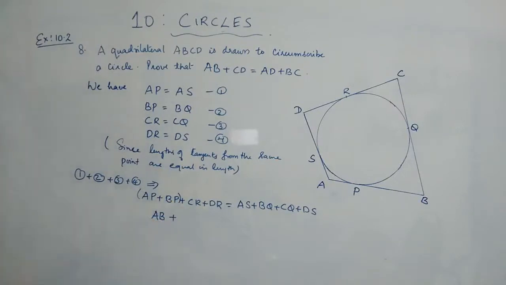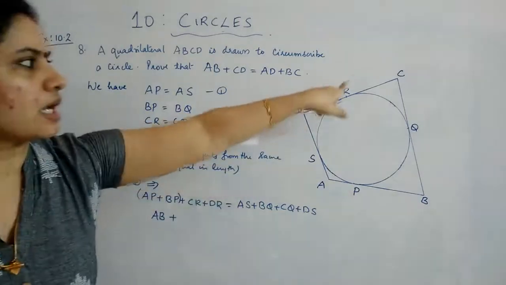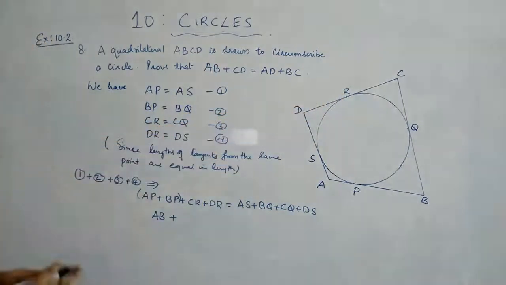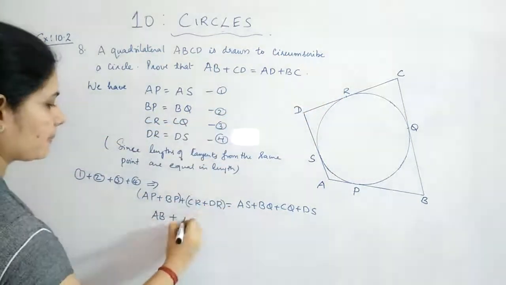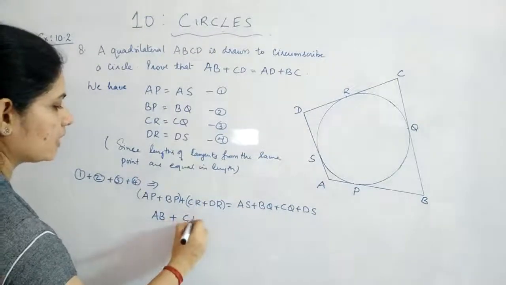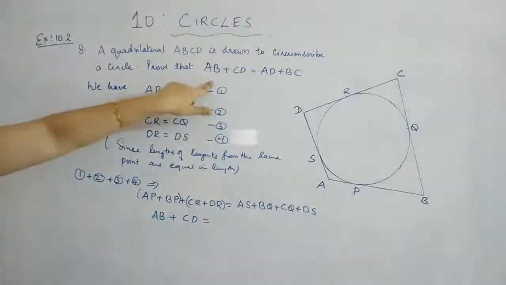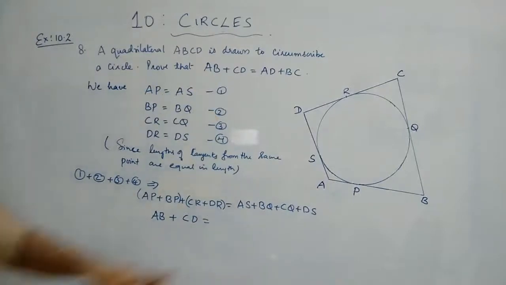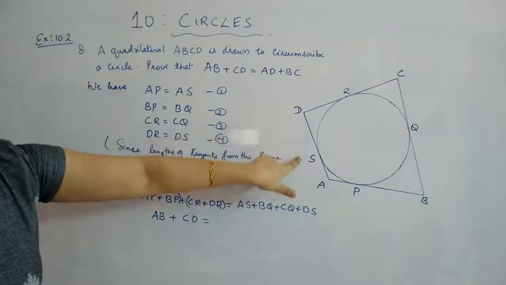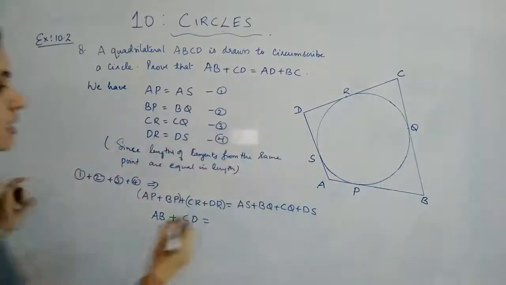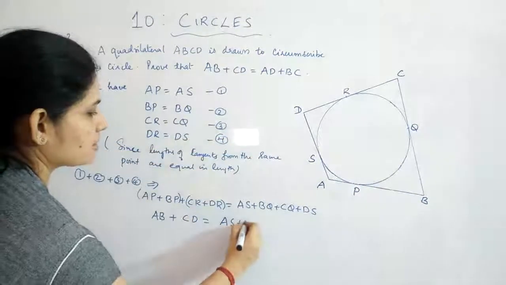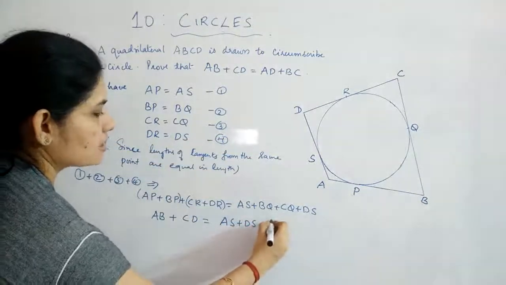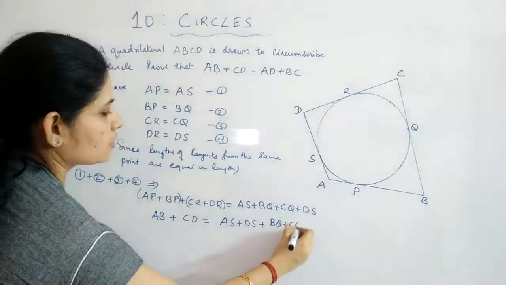Now CR plus DR will give you CD. So here you have the left hand side. Now here AS, when you are taking AS, take DS together with it so that you get AD. So AS plus DS taken together and BQ plus CQ taken together.